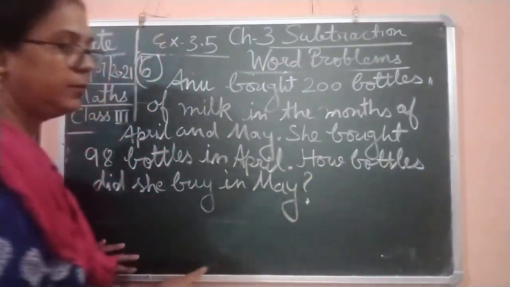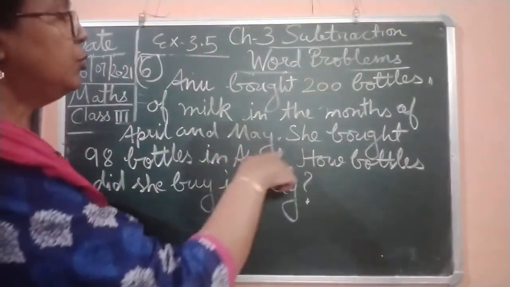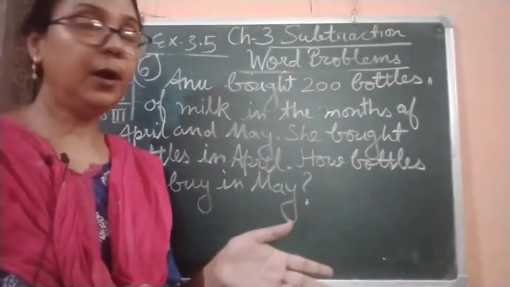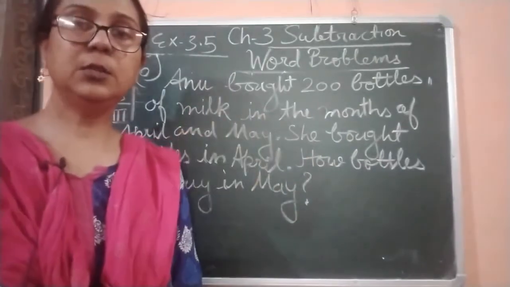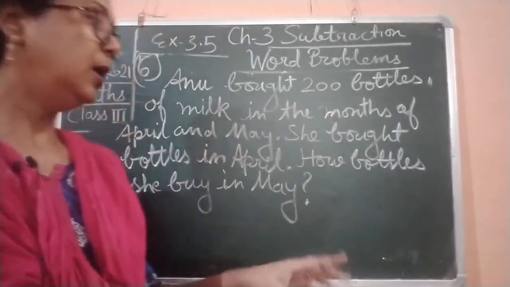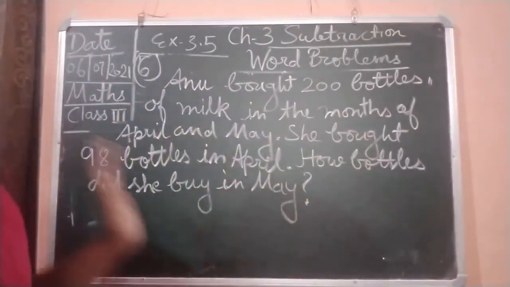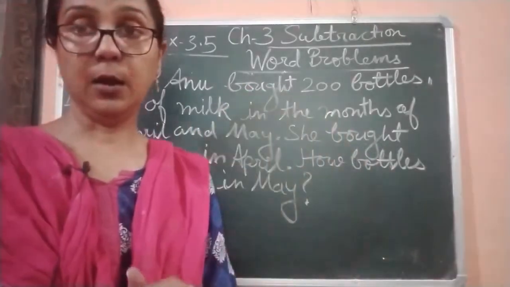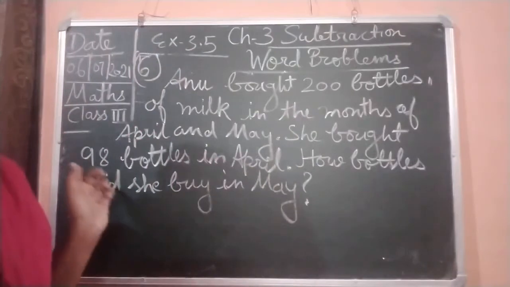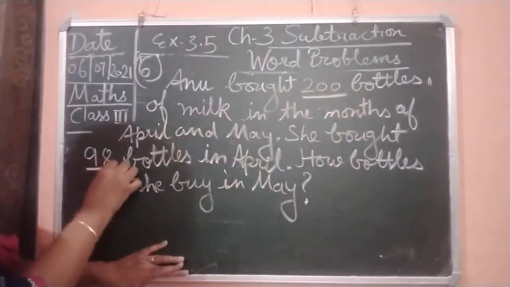First we will read this question. Anu bought 200 bottles of milk in the months of April and May. In 2 months she bought 200 bottles. But here the question is, she bought 98 bottles in April.